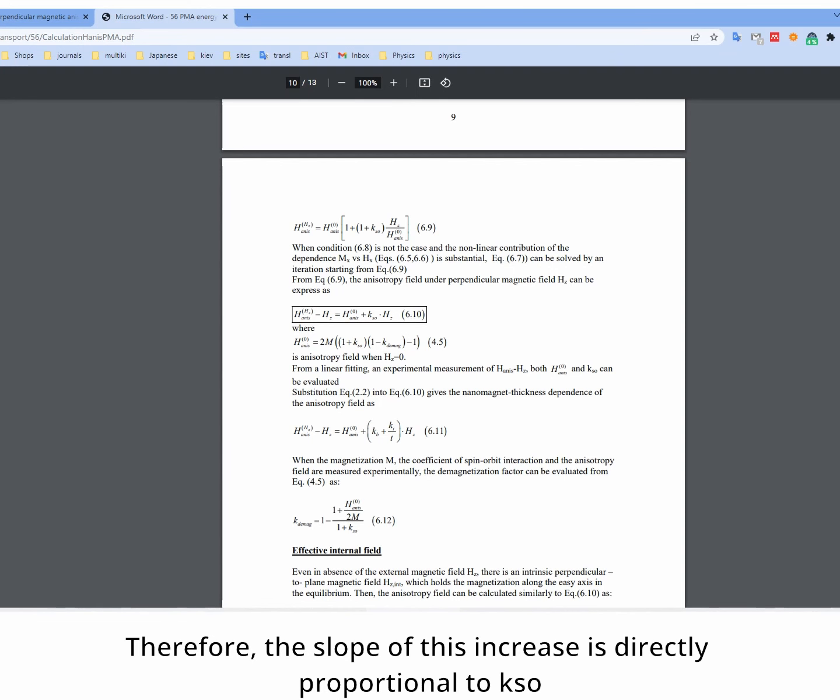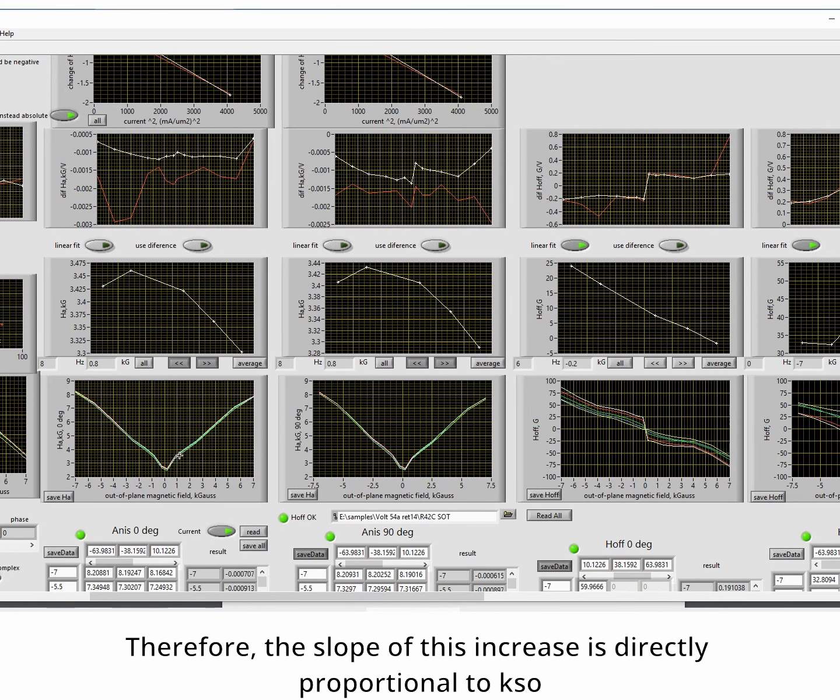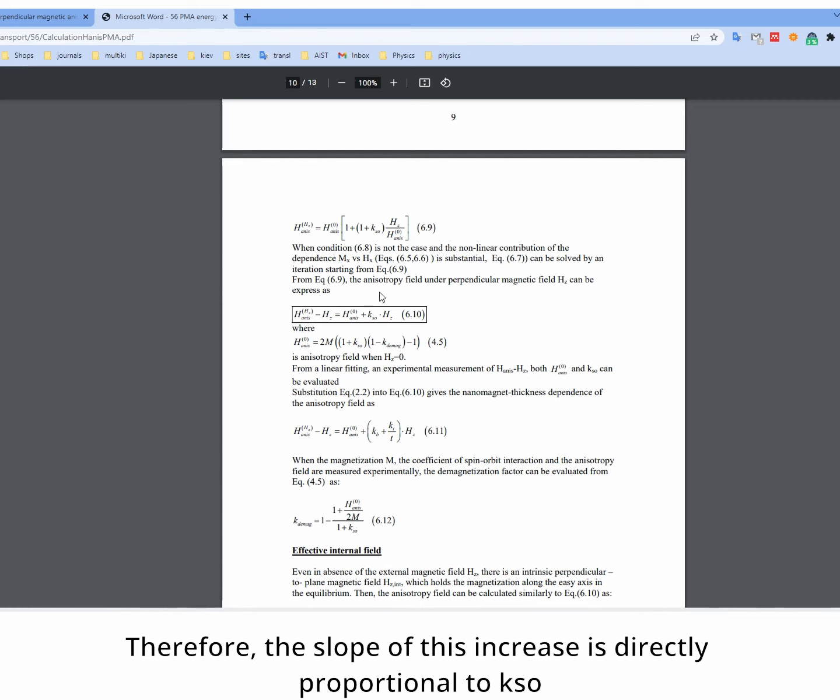Therefore, the slope of this increase is directly proportional to the coefficient of the spin-orbit interaction.